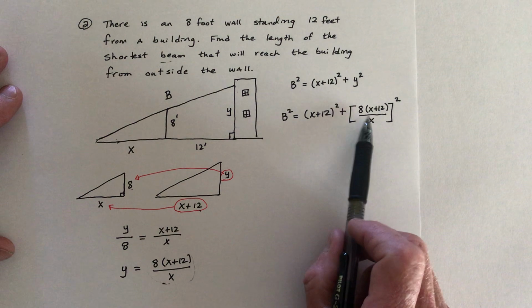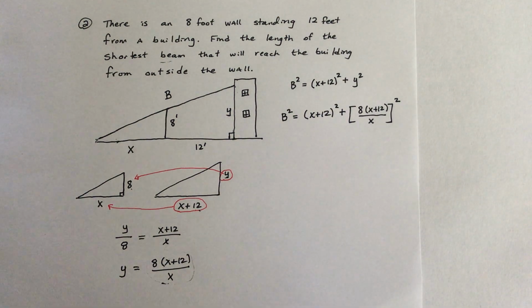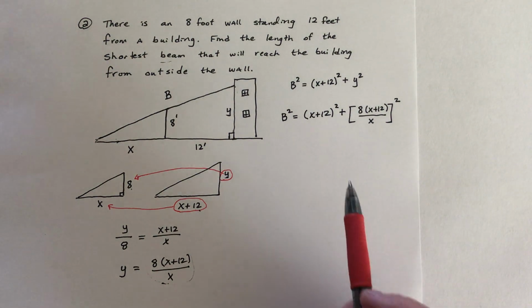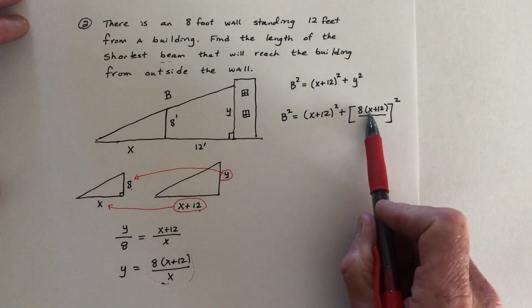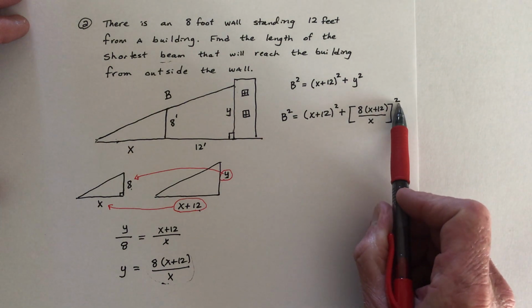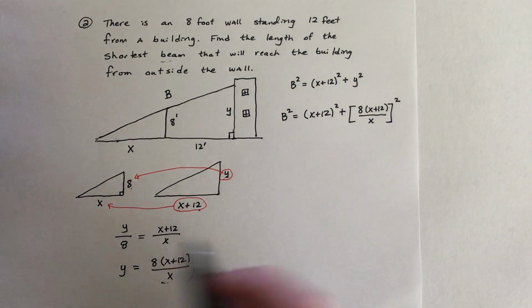So this is the function that we're going to need to take the derivative of and set equal to 0. Although before doing that, I'm noticing that this has x plus 12 squared, and this also has x plus 12 squared. So I think I'm going to factor that out first.